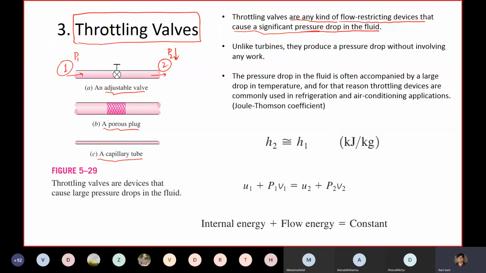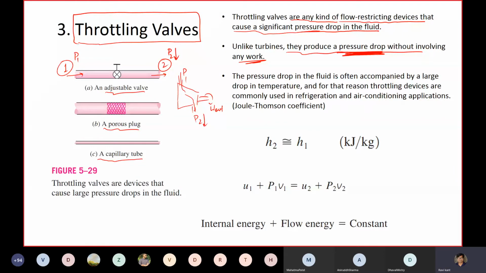Another characteristic of throttling valves: like in turbines, they actually produce work while dropping the pressure. We have seen that in turbines, in order to move the shaft, if the shaft moves, we get some sort of work output along with the pressure change.